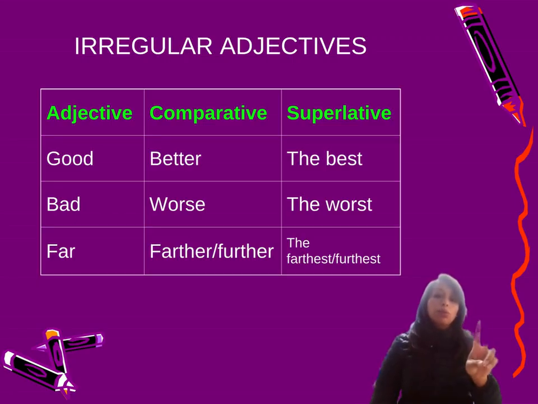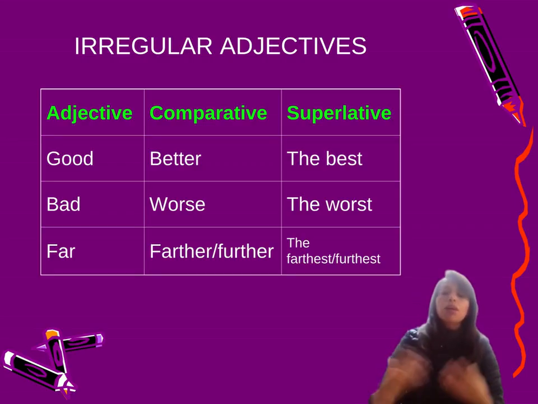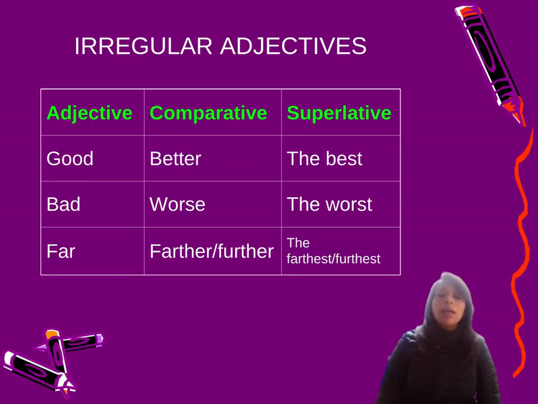Far, you have two options: farther, further, or the farthest and the furthest. Those irregular adjectives are necessary to memorize, so you can practice every day. Remember, we have more than just three that you can see here. Those are the most common.